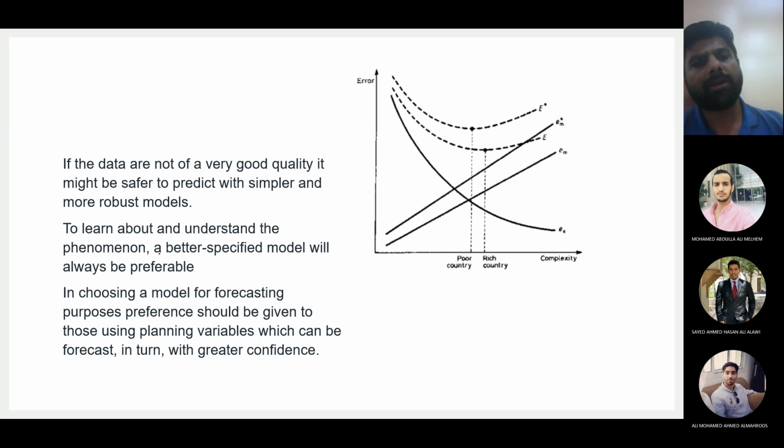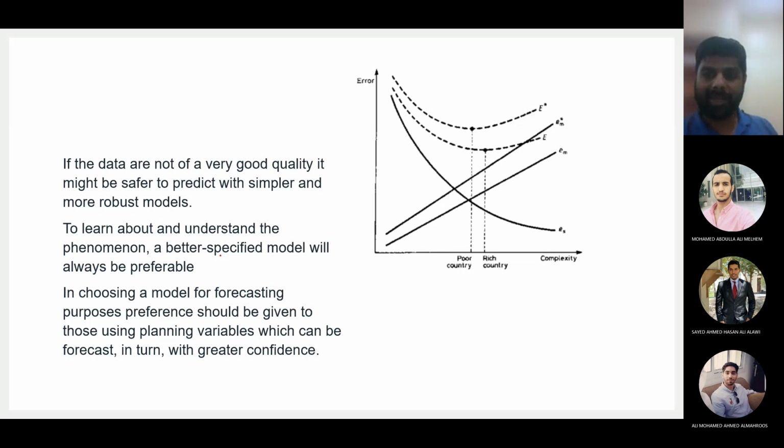But if you want to learn about the phenomena of the choice of the people, or what is the actual reason that this thing is happening, then a better specified model will be preferable. A model which is better specified, which has more complexity, but has less specification error.